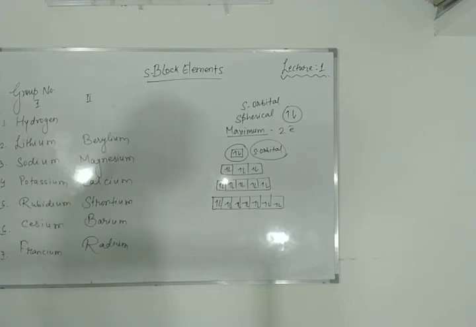Lithium shows similar properties to magnesium, beryllium to aluminium. It is only in group number 1 and 2 and period number 2 and period number 3.